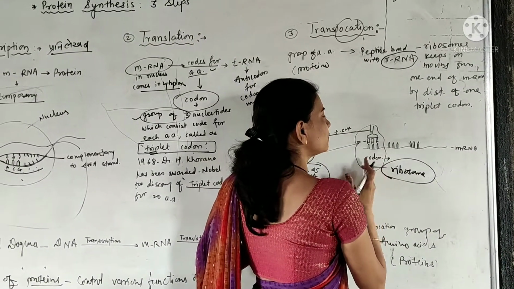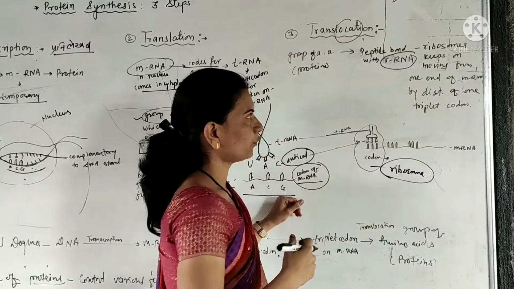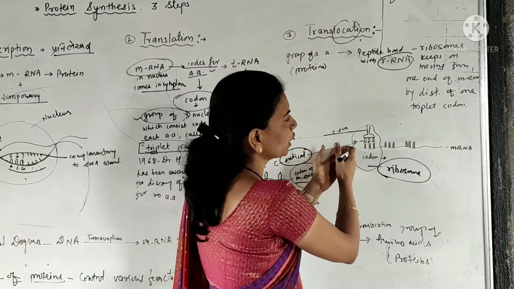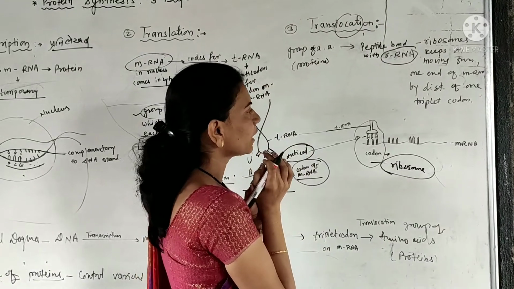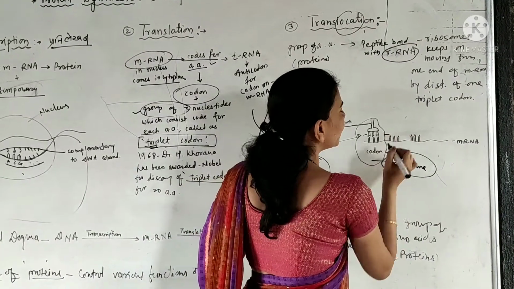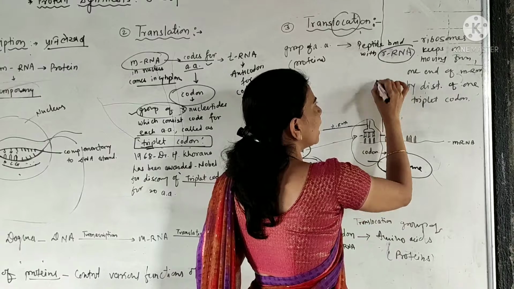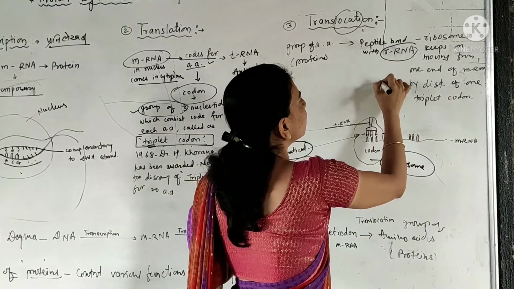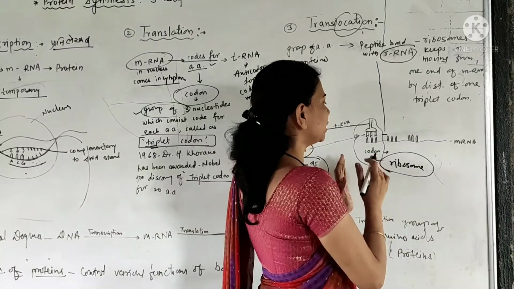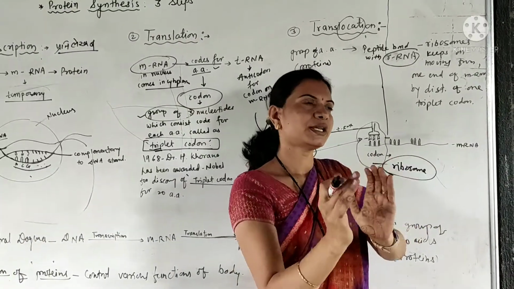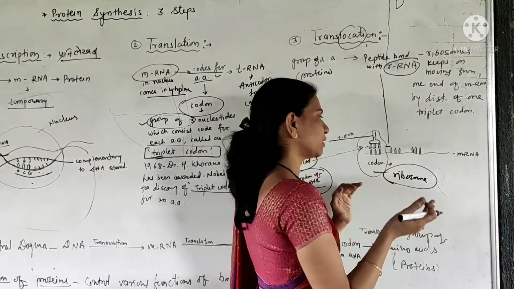Now the ribosome keeps moving from one end of the mRNA to the other end of the mRNA. At that time, what happened? All these are bonded together with the help of peptide bonds. These peptide bonds are very important, and therefore the group of amino acids is attached to each other.